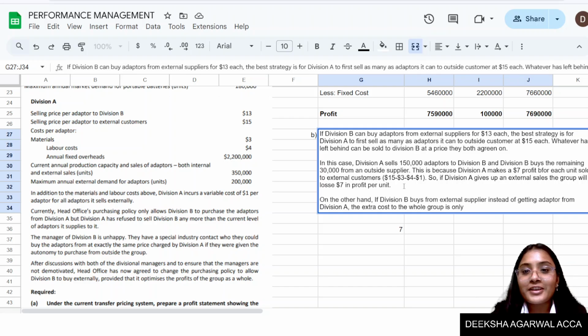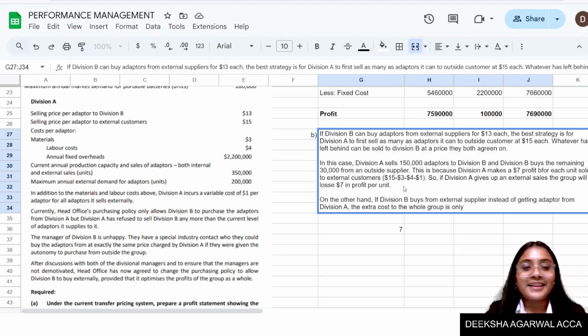Why? Purchase price of $13. Sorry, purchase price is $13 and $7 is to make in house. So somehow you were offering it at $13, but group profit will also be reduced, no?